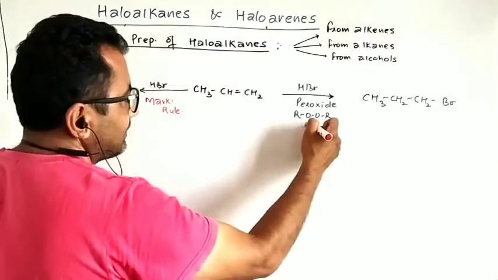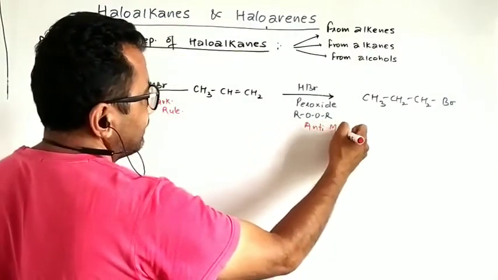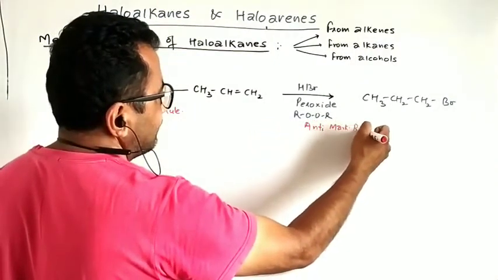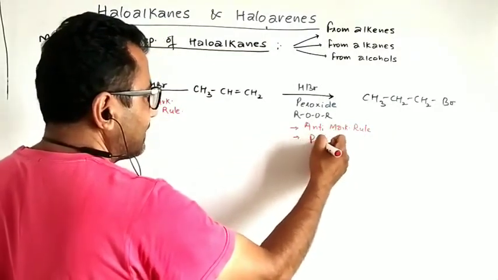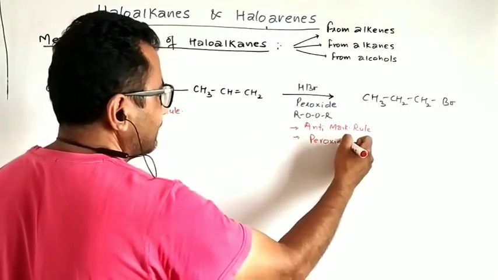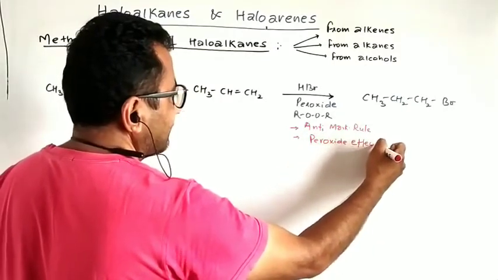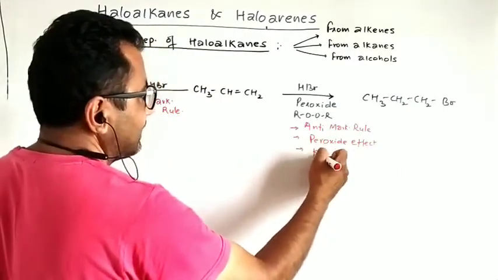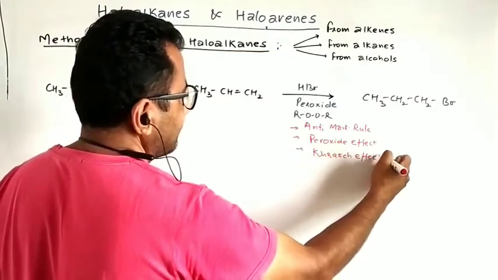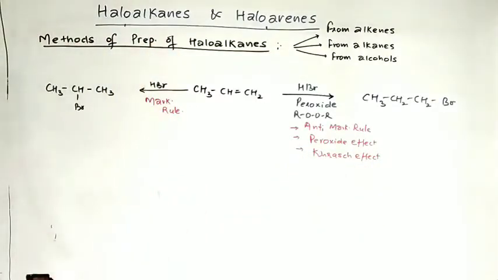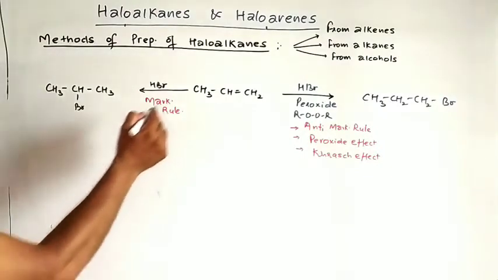But this is your anti-Markovnikov rule. Or this is also known as peroxide effect. This is also known as Kharasch effect. It takes place only in the presence of peroxide, because when peroxide is there, the mechanism changes.